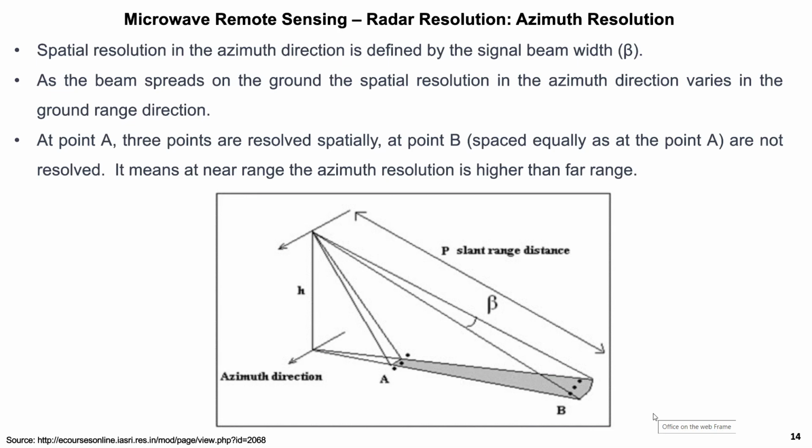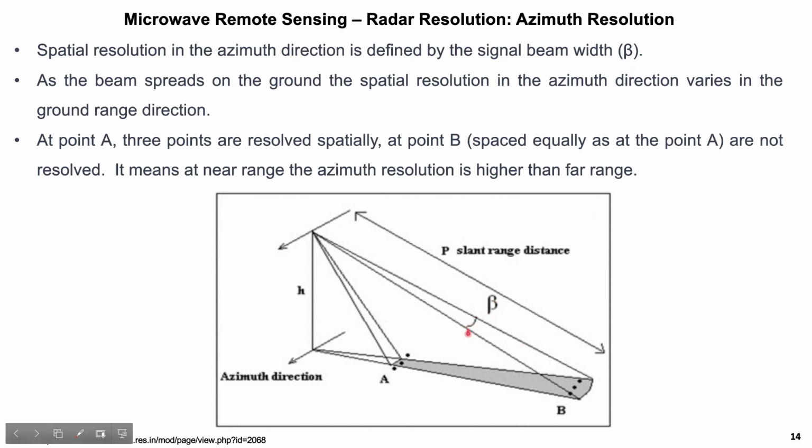So next part is the azimuth resolution. Your azimuth resolution corresponds to the width of the beam, which is represented by beta.